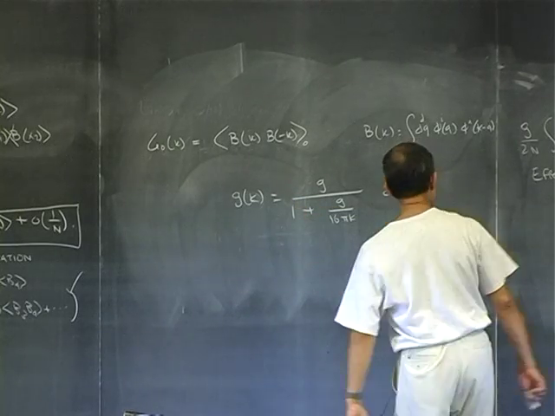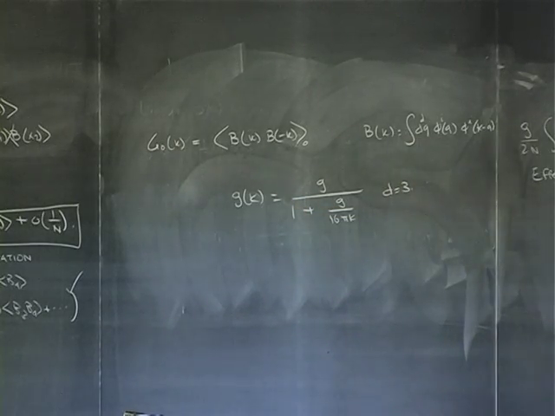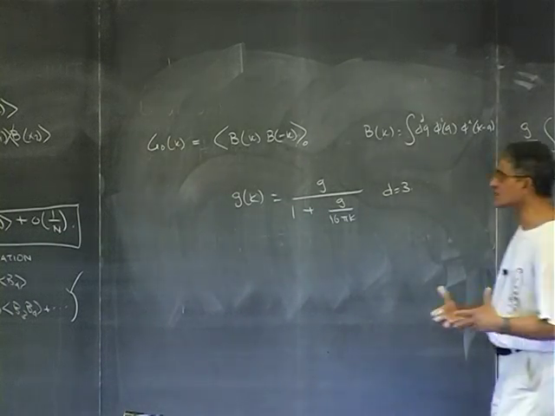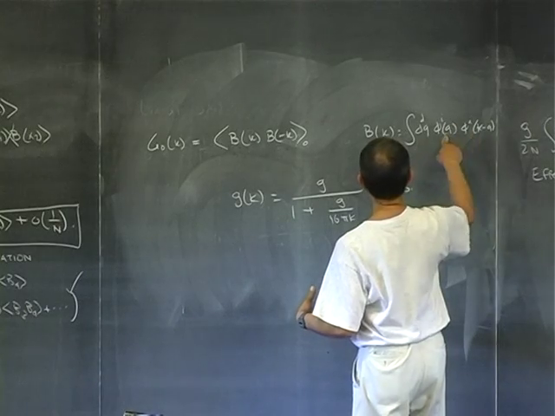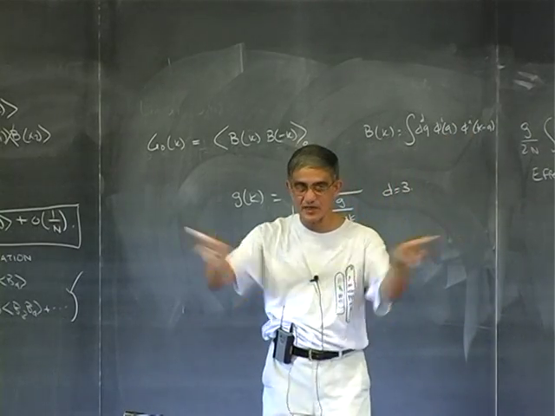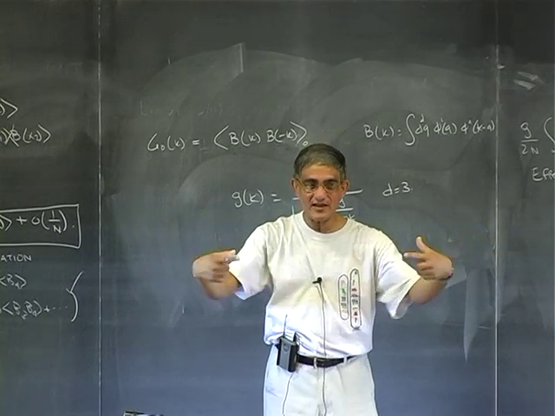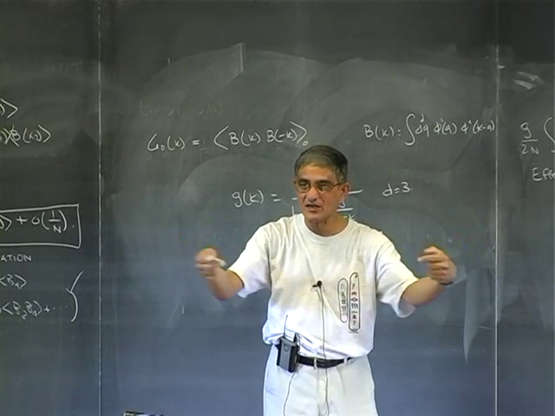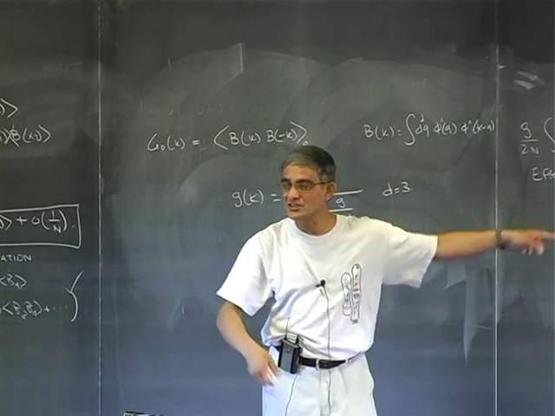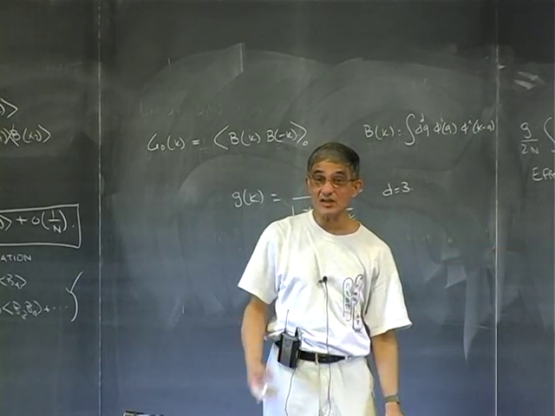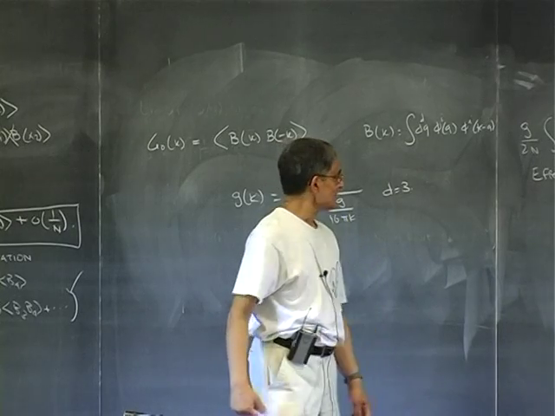What is G of k? This definition tells you G of k is the coupling which you measure in the scattering of two of these objects, phi going into phi, it has some strength. That strength depends on the total momentum that is coming in, and G of k measures that. So, it is the effective coupling of the theory.